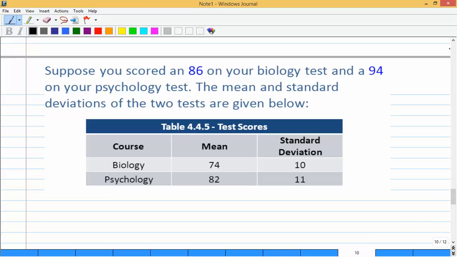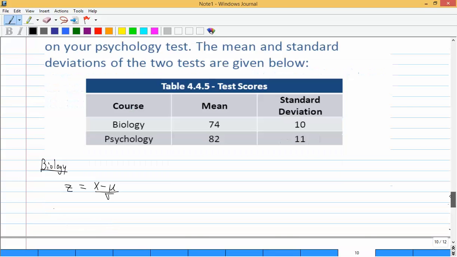So let's figure out the Z-scores of the 2 tests. Alright, so let's first do the Z-score for the biology. So Z equals X minus mu over sigma. And then we're going to round to 2 decimal places.